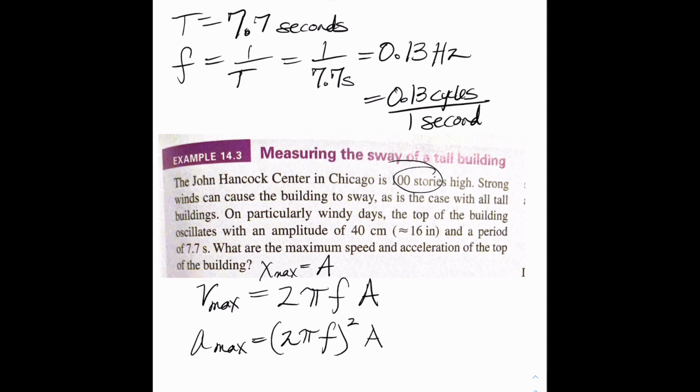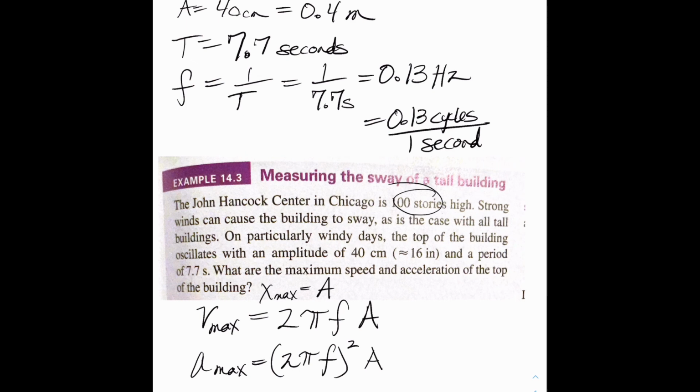So this is interesting, just thinking about this. This building is going to move 40 centimeters, or have an amplitude of 40 centimeters. So 40 centimeters one way, back to 0, and then 40 centimeters the other way, oscillating back and forth, which seems like a lot, and it is, for a big building like that. I mean, it's almost half a meter stick.